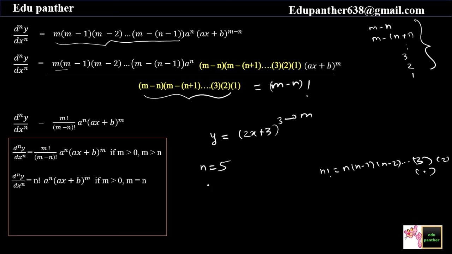So n is equal to 5, so in that case we need the fifth order derivative, d^5 y by dx^5. So what will be the fifth order derivative of this function? Now try to differentiate this function 5 times and see what we are getting. Yes, we are getting 0. So that means if m is strictly less than n, then in that case the nth derivative will be 0. So this is your final answer, whatever is written in the bracket.